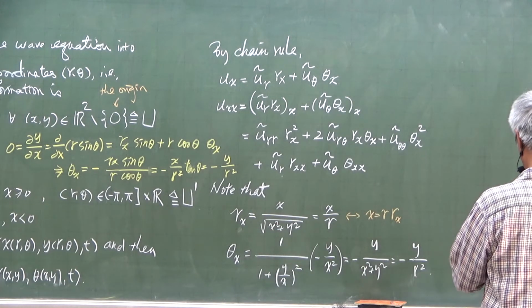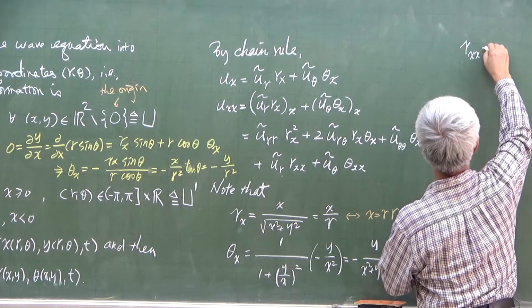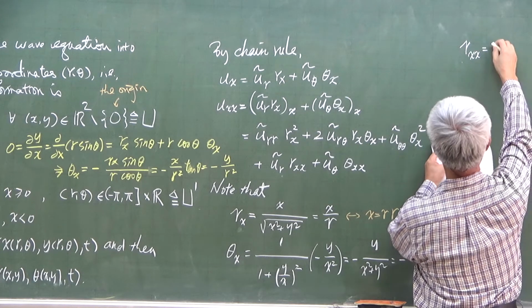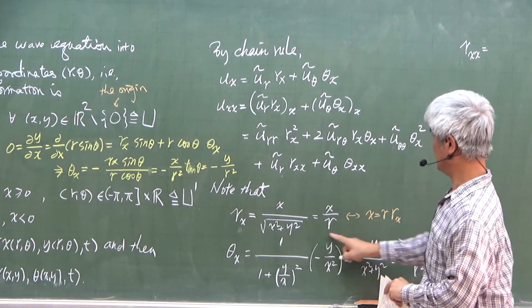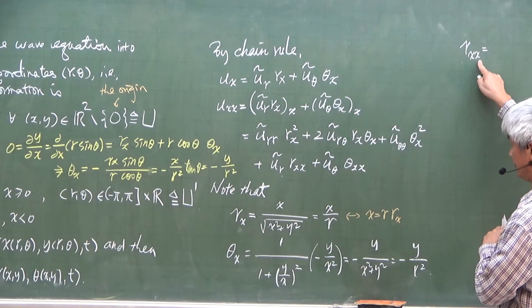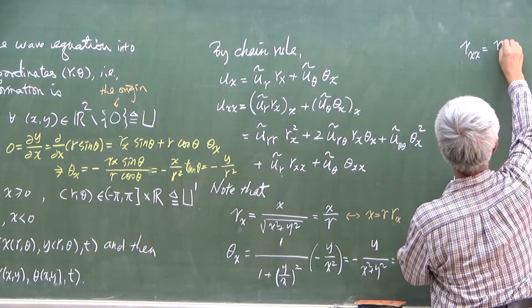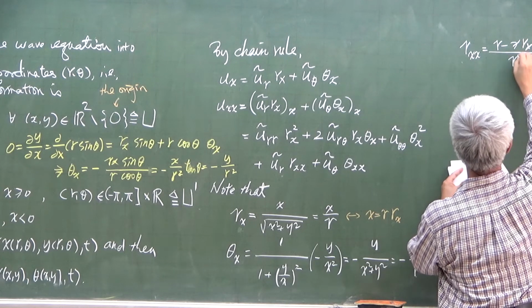Alright, so you have both derivatives here. Okay, and r xx is equal to, so here you take the partial with respect to x again, so you get r minus x r x divided by r squared.